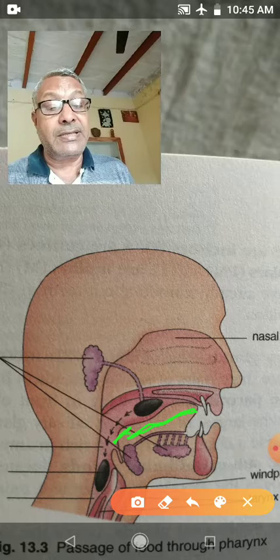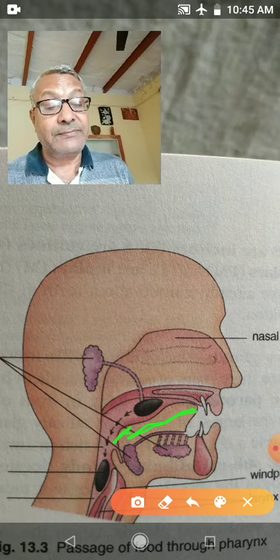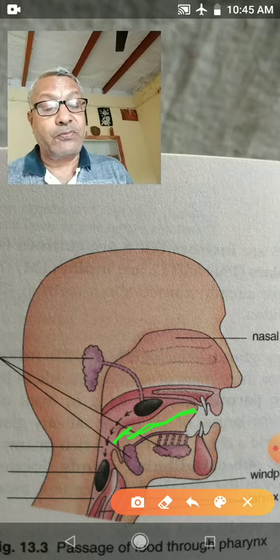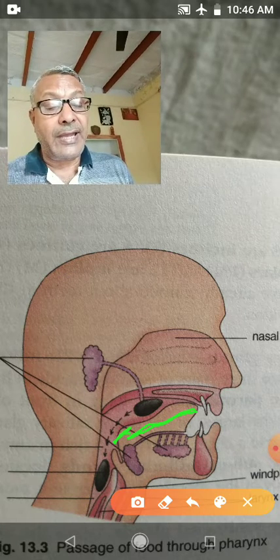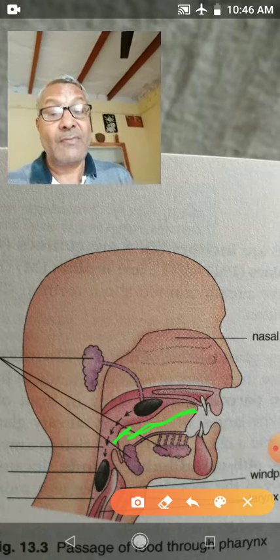Tongue helps in ingestion, it tastes the food, and it helps in mixing the food with saliva. During chewing of the food, it moves the food in the buccal cavity. It helps to swallow the food, and tongue also helps in speech.